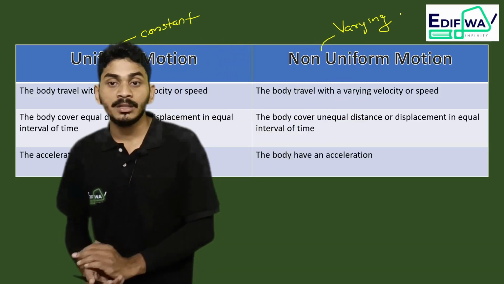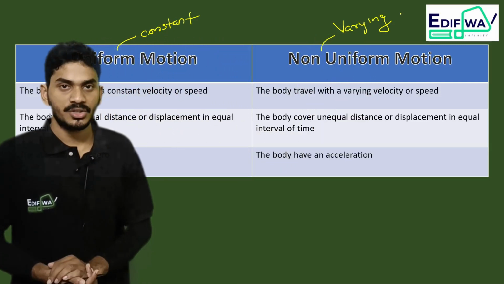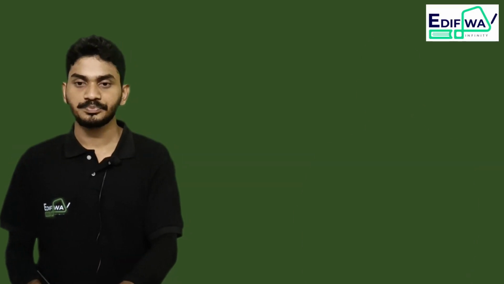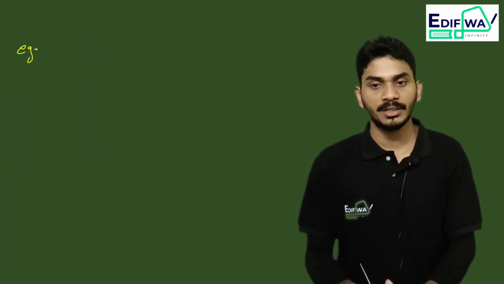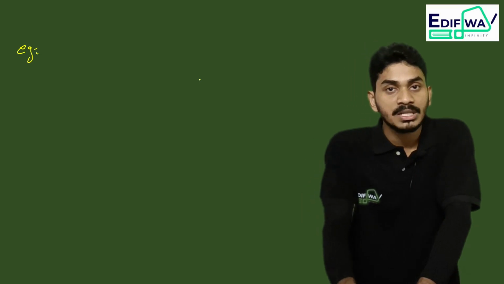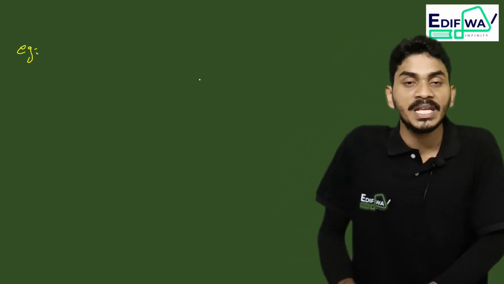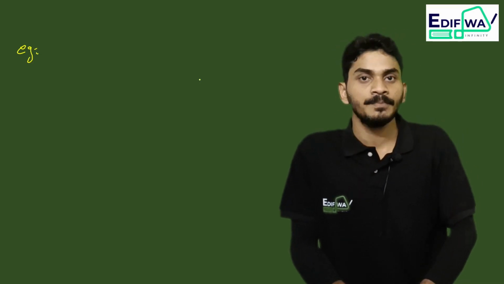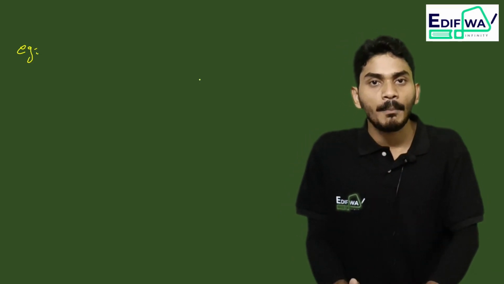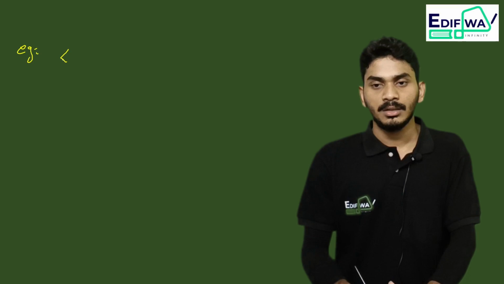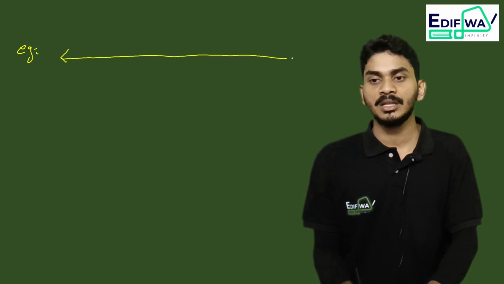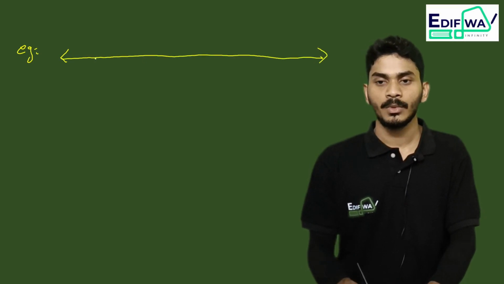Now I will explain more with the second point, with an example. Our second point was that if a body has equal distance or displacement in equal intervals of time, then that motion becomes uniform. Let's consider the motion of a body.